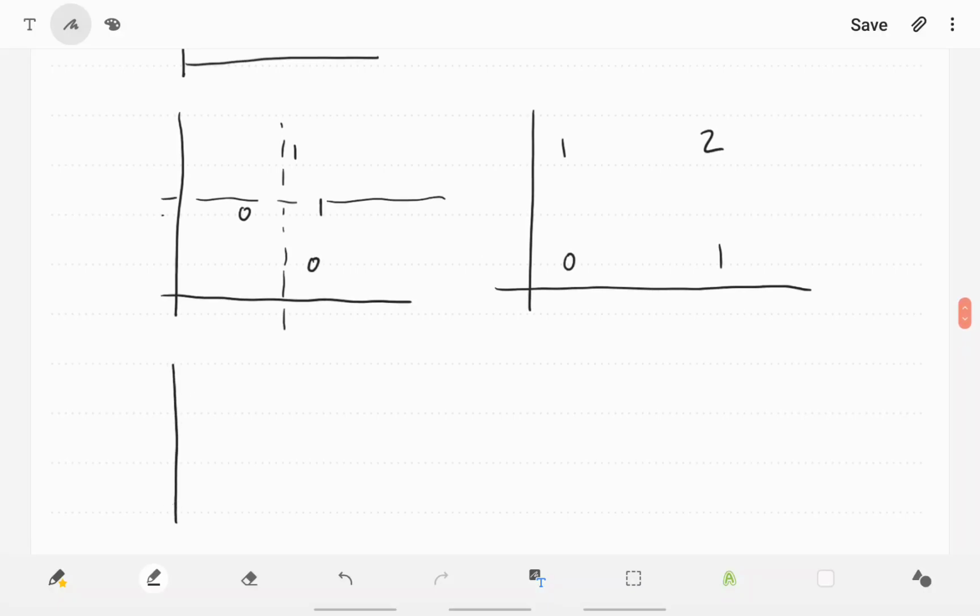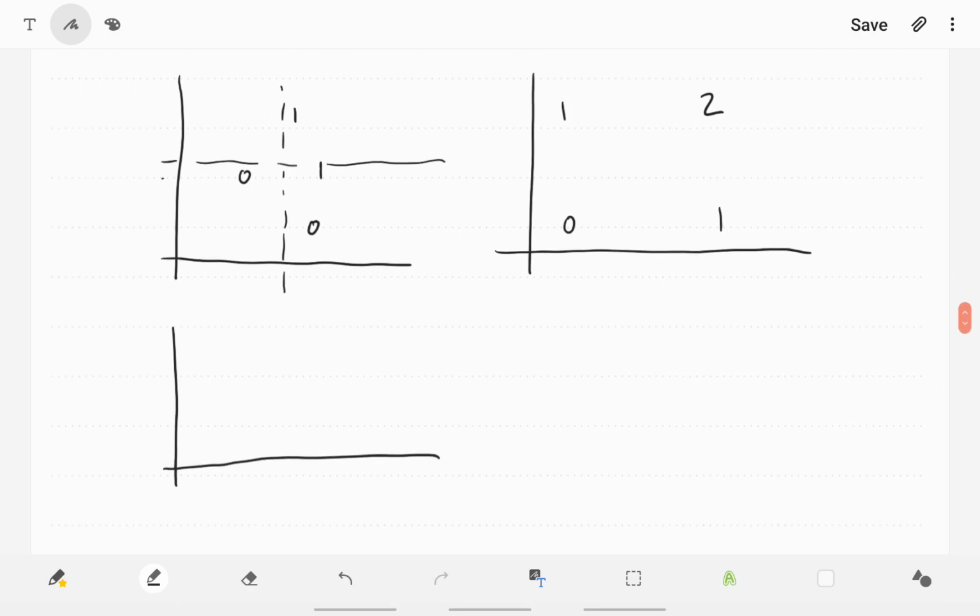You could try to subtract one classifier from another. Then you would get, for example, 0 up here, because 1 minus 1 is 0.